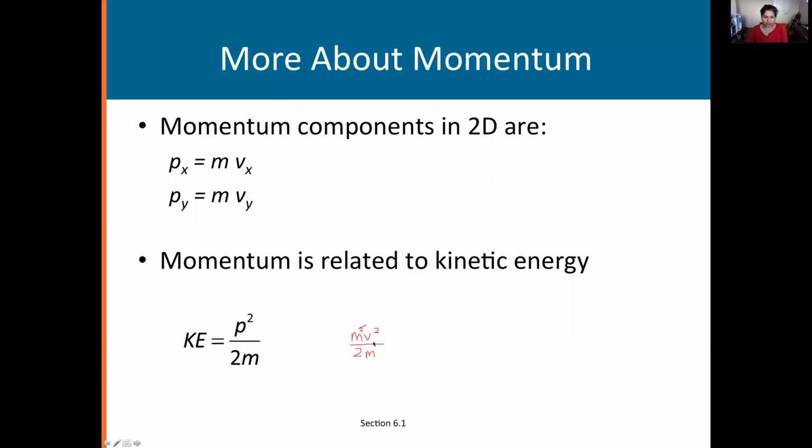Now we can algebraically cancel these two. And what does that leave you with? That leaves you with 1/2 mv squared, right? Which is the same as kinetic energy. So sometimes when you're doing a problem, it's helpful to be able to know immediately the connection between kinetic energy and momentum, okay? So you need to know this.